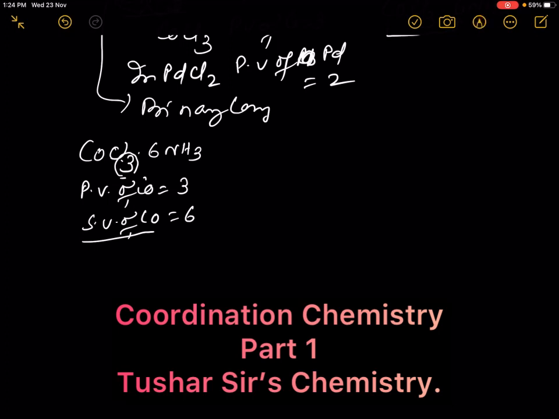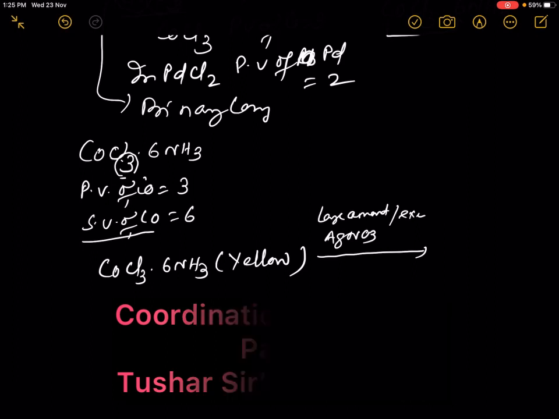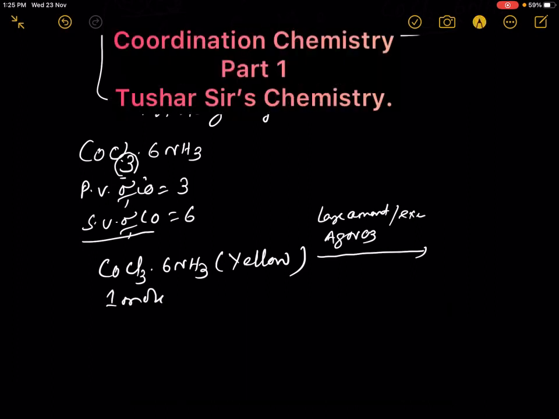He took 1 mole of CoCl3·6NH3. It is a yellow color complex compound treated with silver nitrate, a sufficiently large amount, or you can say excess silver nitrate, and it produces 3 moles of AgCl.